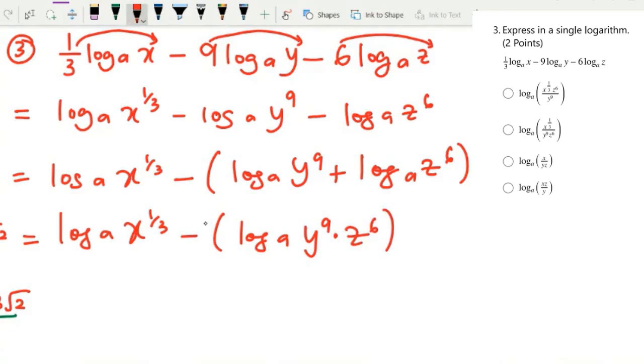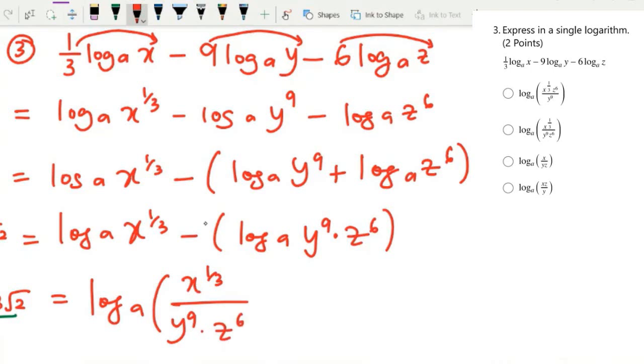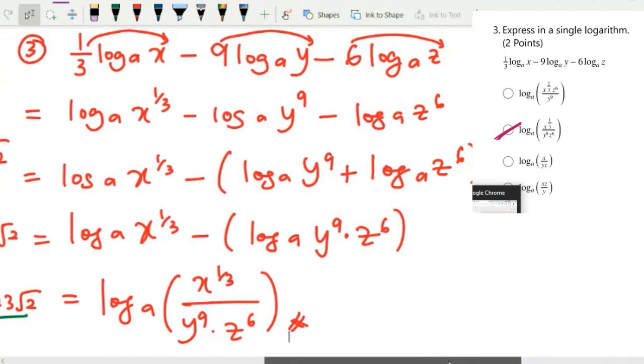Now, dari hukum tolak, okay, jadi bahagi of a single log term kat luar tu of x 1 over 3 over with y to the power of 9 multiply with z to the power of 6. So, the answer should be this. Okay, the choice of answer should be this lah. Okay, so that's for number 3. So kita dah 3 done.